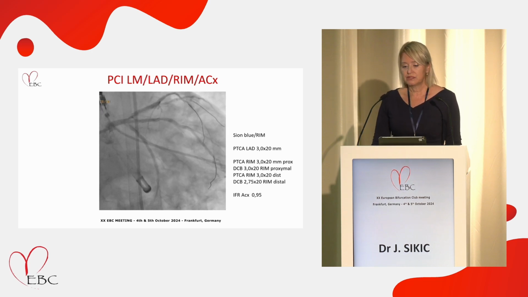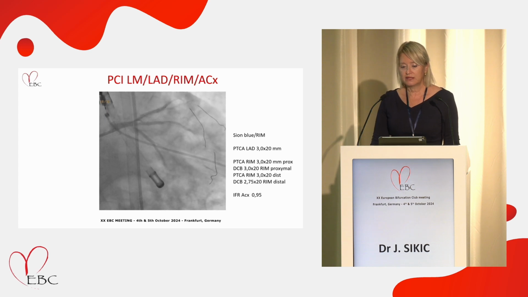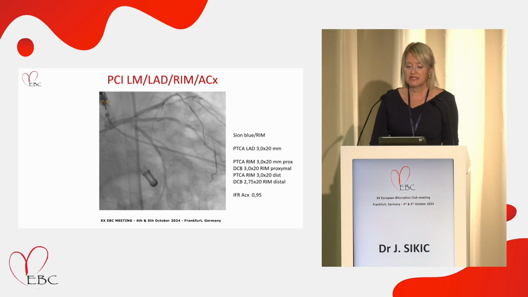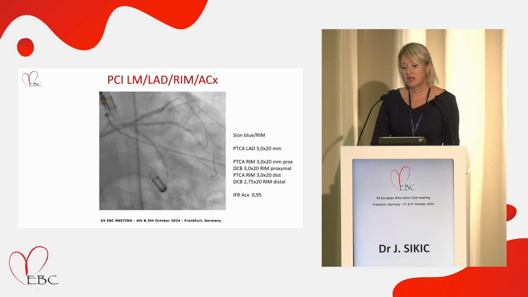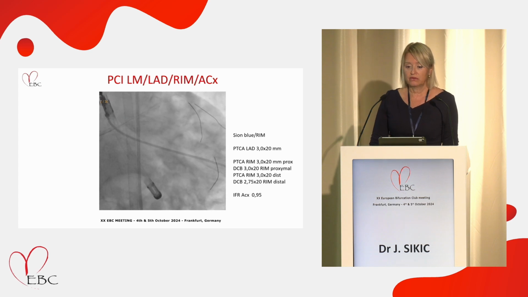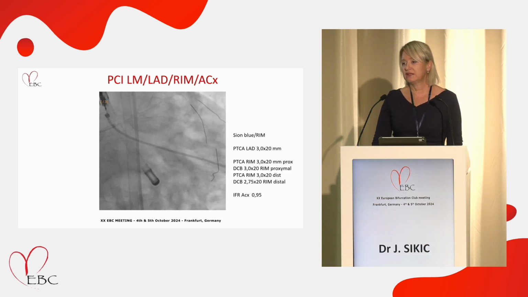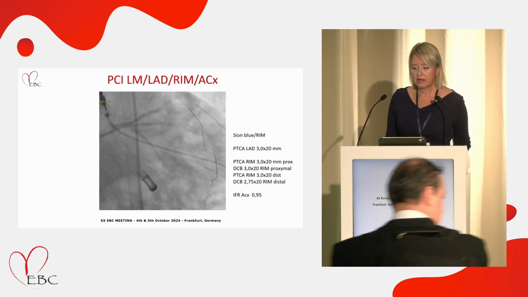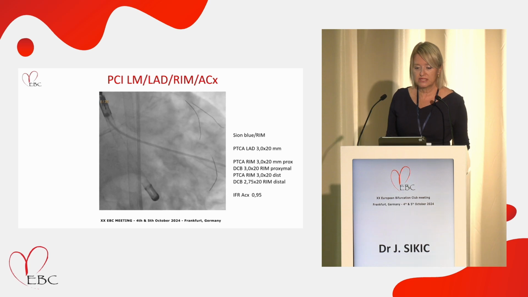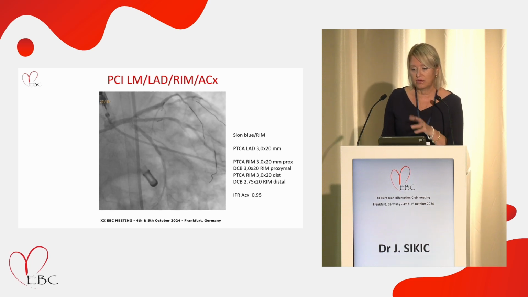So I treated the RIM with the balloon and then with the DCB, and I checked this ACX because this narrowing on the ostium looks worse than on the previous picture, but it was still insignificant. So I implanted two DCB, one on the proximal part and one on the distal part.